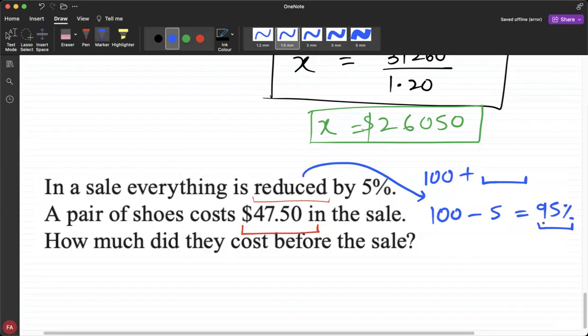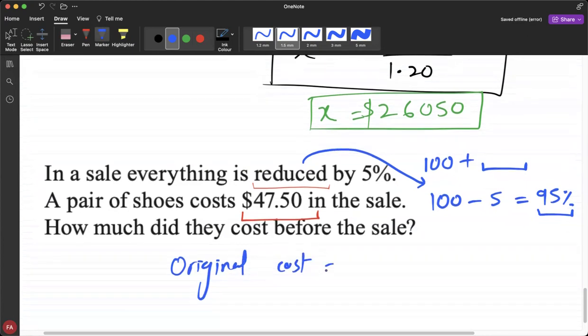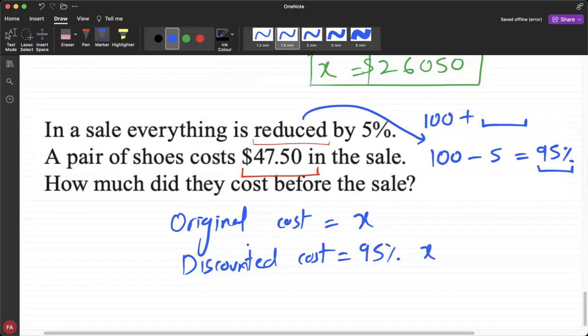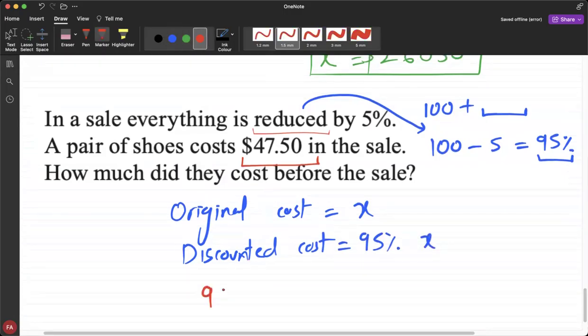That means after the sale, you actually end up paying this much amount. And they're saying this is equal to this much. So can I say if 100 was the original value? So let's say original cost of this pair of shoes was X dollars. Now I can say the new price, the discounted cost, is equal to 95% of X. So can I say that 95% of X actually represents 47.50?